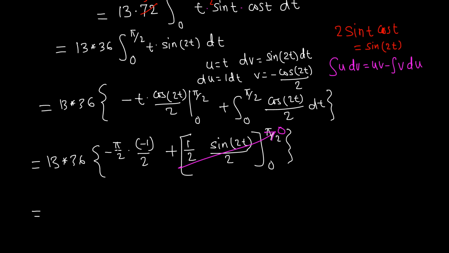Negative pi times negative 1 is just pi. 2 times 2 is 4, and 4 goes into 36 nine times. And here negative negative is positive pi, so 13 times 9 pi, 117 pi. Final answer.